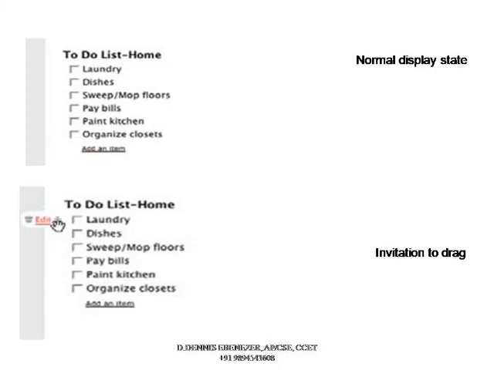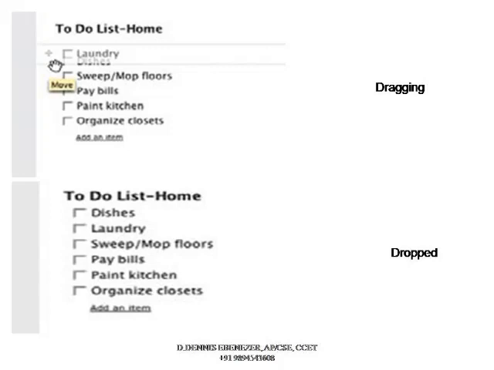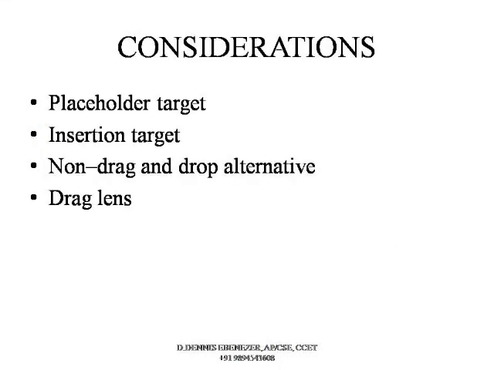In the given example, all the options such as laundry, dishes, sweep, pay bill, paint kitchen, organize clothes all have an option to drag and drop, but the user can rearrange. Here in our example, the laundry is being rearranged after the dishes as shown in the figure.